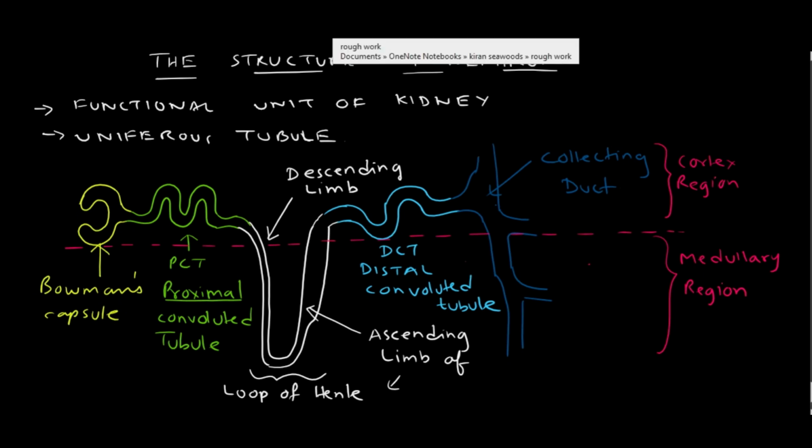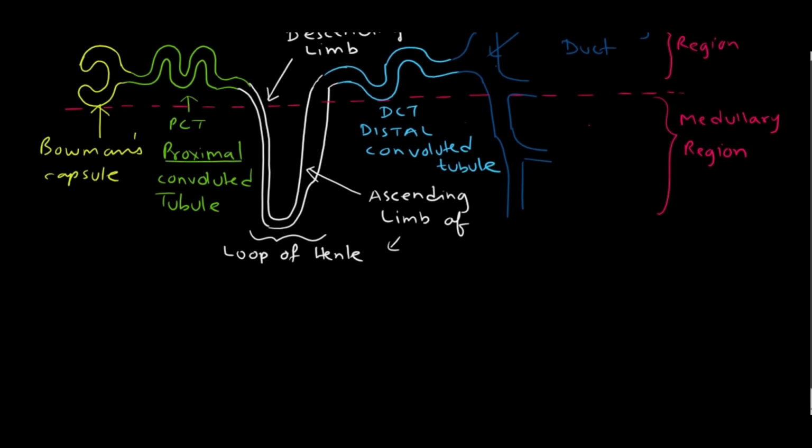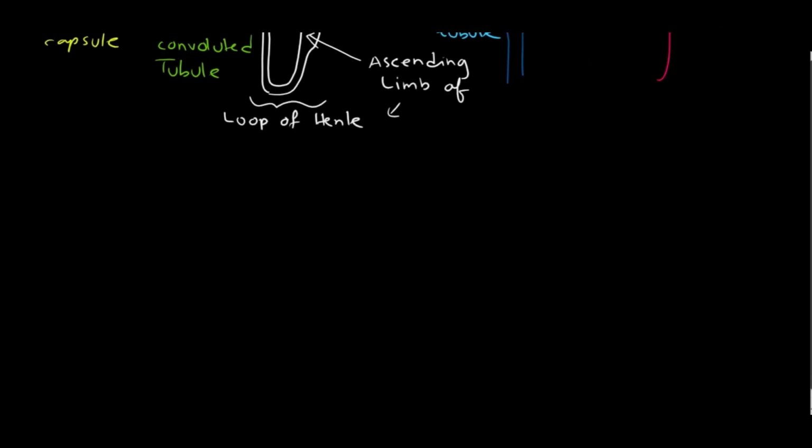Let us move on to the next section, that is types of nephron. As I said, the kidney is divided into two portions. Let me write the title, types of nephron.